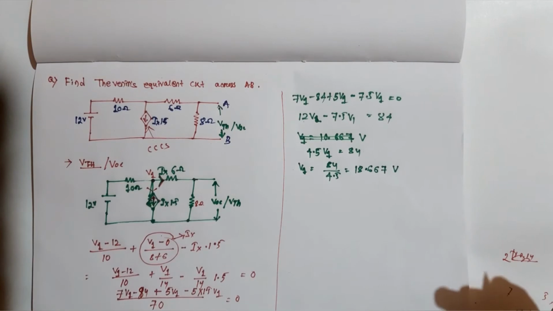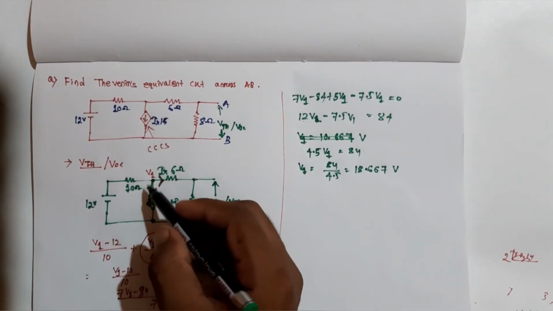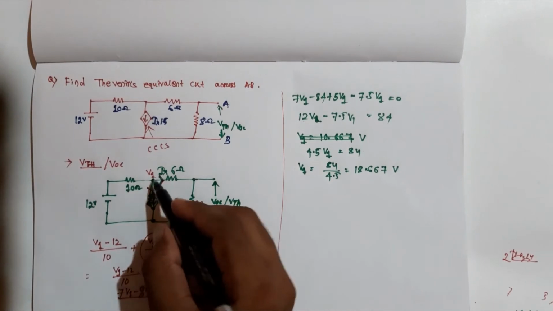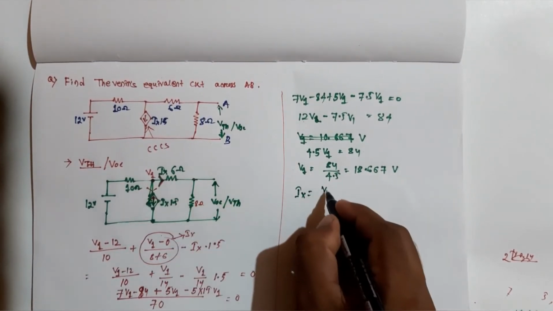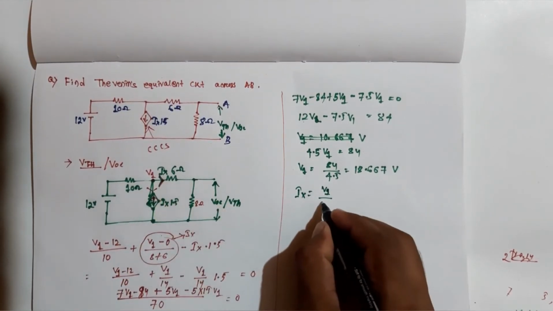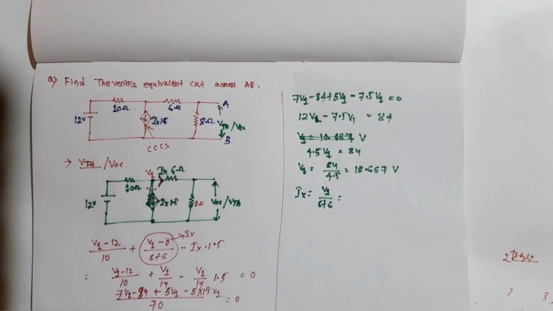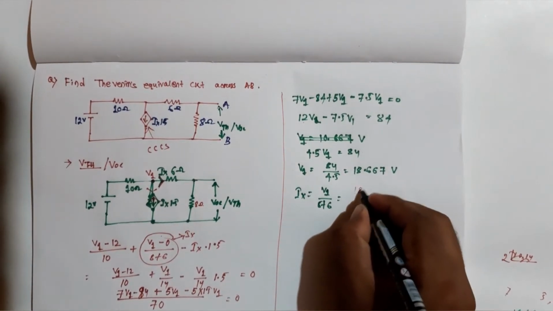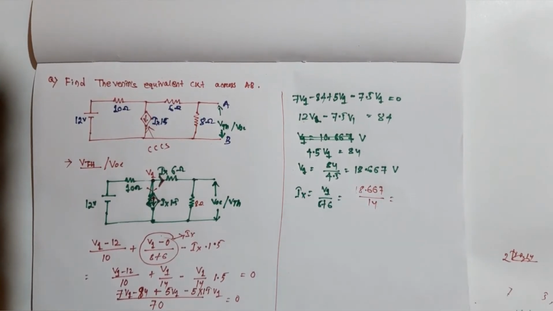We find this V1, so we can find Ix. We know Ix equals this V1 divided by this resistor plus this resistor, so 8 plus 6 is 14. 18.667 divided by 14 is equal to how much?